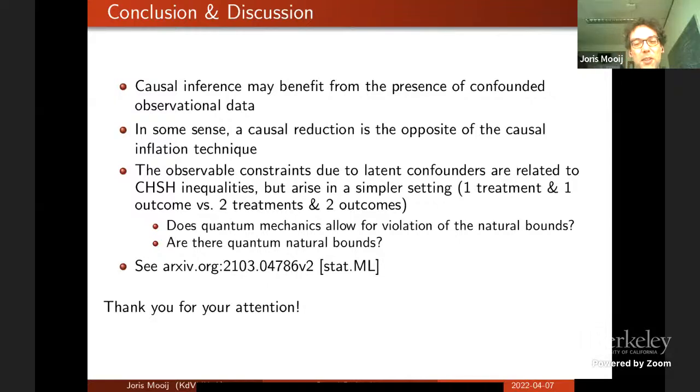Do you have a pointer to a paper where this is written down? Not off the top of my head, but I don't suppose it would be hard to find. Okay, yeah, thanks.